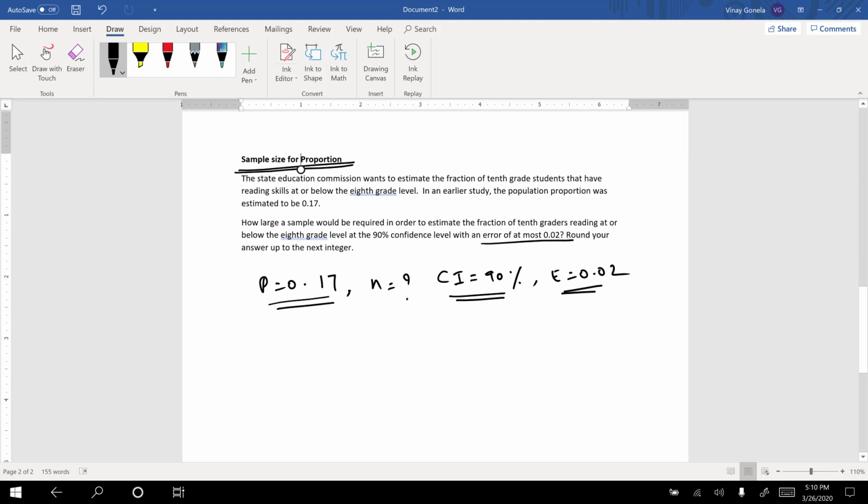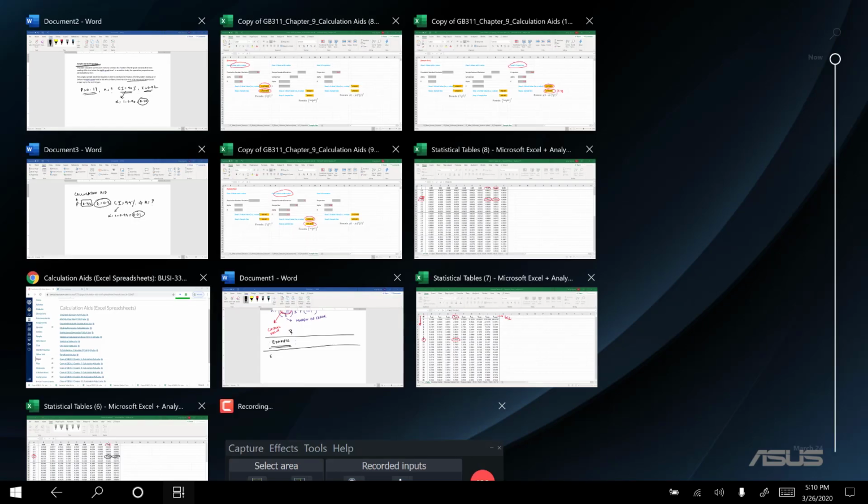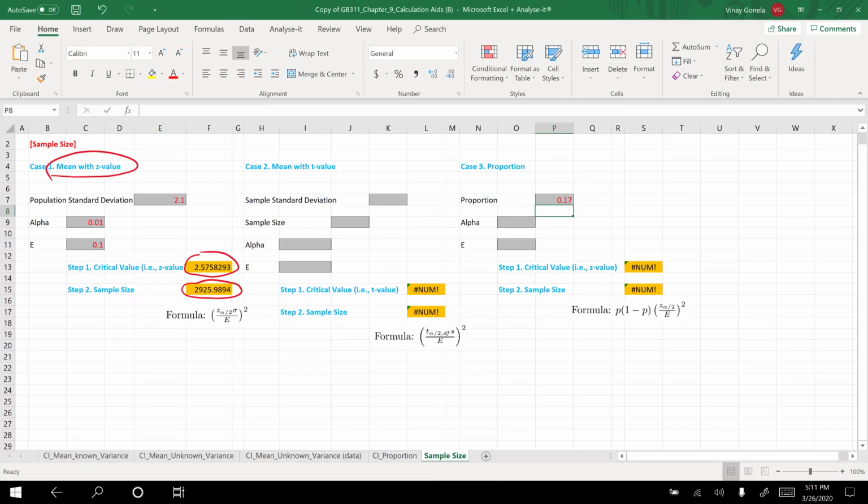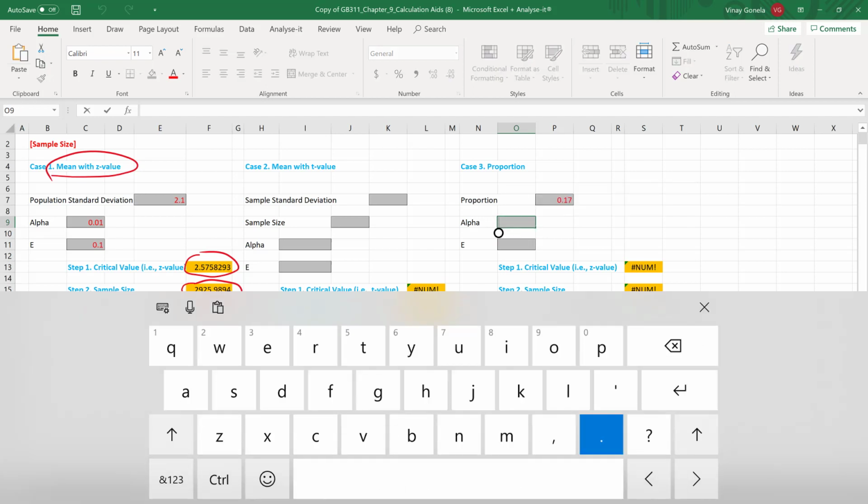For alpha they gave us the confidence interval, so alpha would be 1 minus 0.90, that is 0.10. So I will go and type in 0.10.